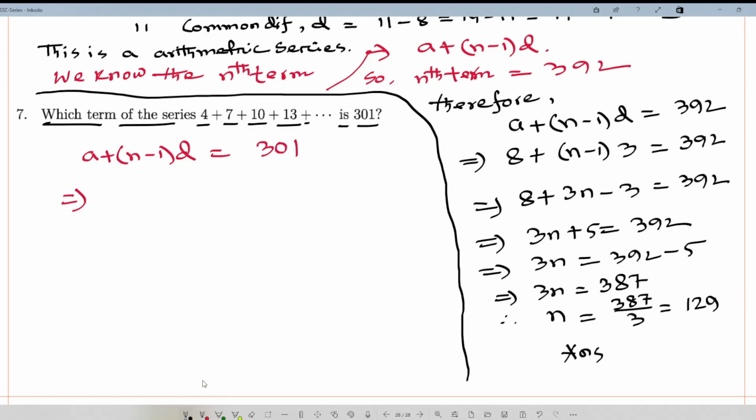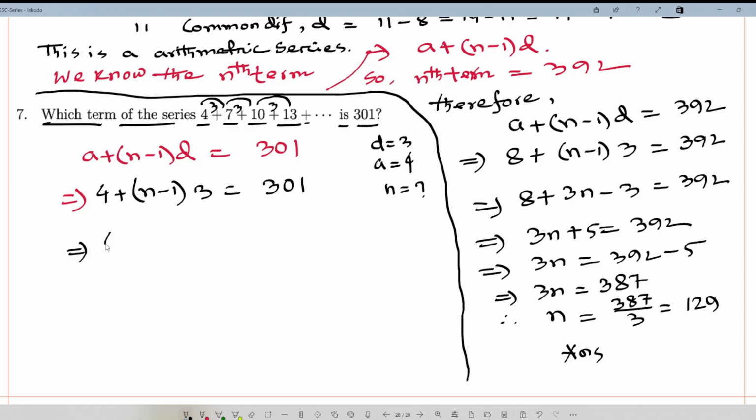Look, 13 minus 10 is 3, 10 minus 7 is 3, 7 minus 4 is 3. So common difference is 3. So d equals to 3. a equals to what? 4. Right? n we have to know. So we can write 4 plus n we don't know, n minus 1, d is 3 equals to 301.